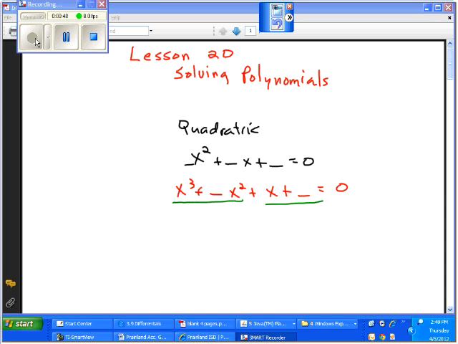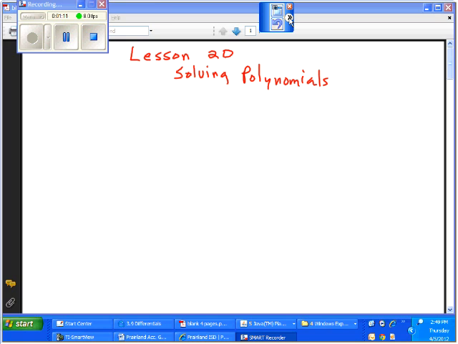But if it's not set up nicely where it will factor by grouping, then we wouldn't know presently how to factor a third degree polynomial, fourth degree polynomial, etc. And so today's lesson is going to make it to where we can solve more complex polynomial equations. And so what we're going to do to lead into that is learn the rational zero theorem.